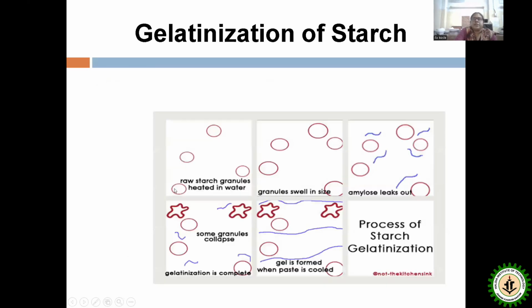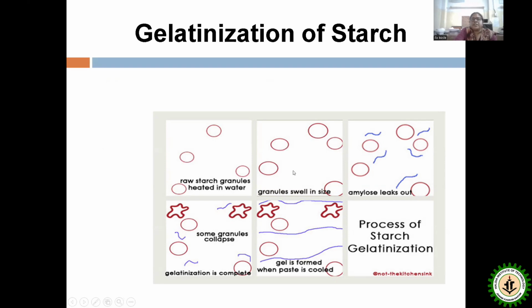Now, this is a pictorial representation where the gelatinization process can be explained through pictures. You can find first there are raw starch granules which are heated in water. As they are heated in water, in the next step, they swell or increase in size.